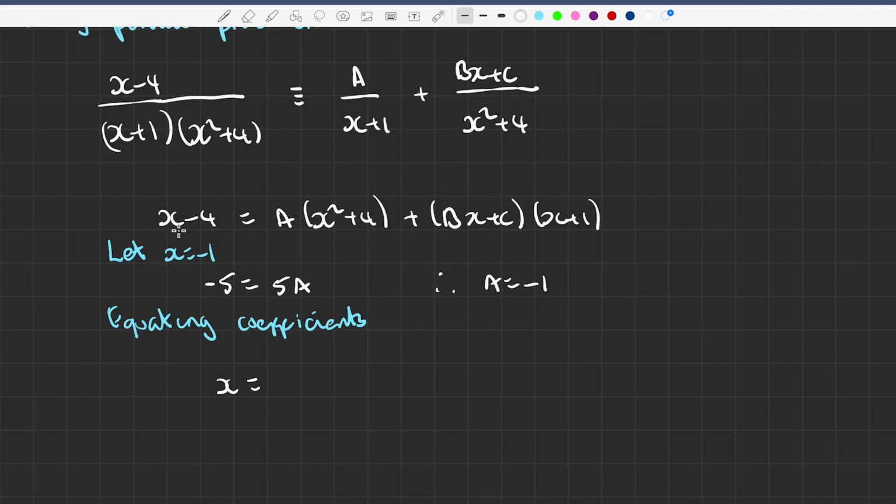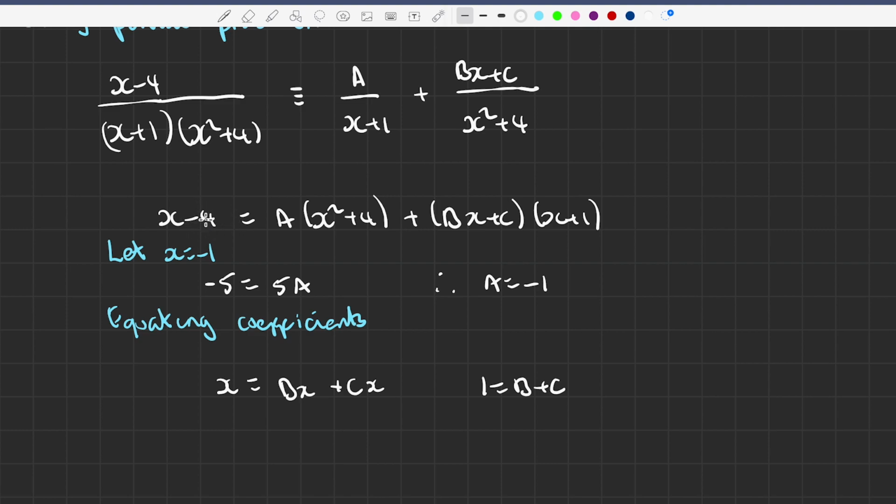So if we look at this x, this is made by multiplying bx by 1 and c by x. We can cancel out the x's, so 1 will equal b plus c.